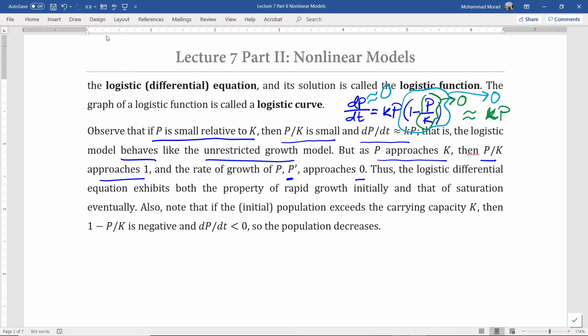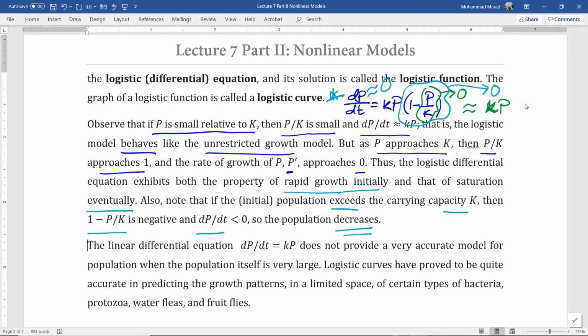Thus, the logistic differential equation exhibits both the property of rapid growth initially and that of saturation eventually. We also note that if the initial population exceeds the carrying capacity K, then the quantity 1 minus P over K is negative. Therefore, the equation says dP/dt must also be negative, so the population decreases.